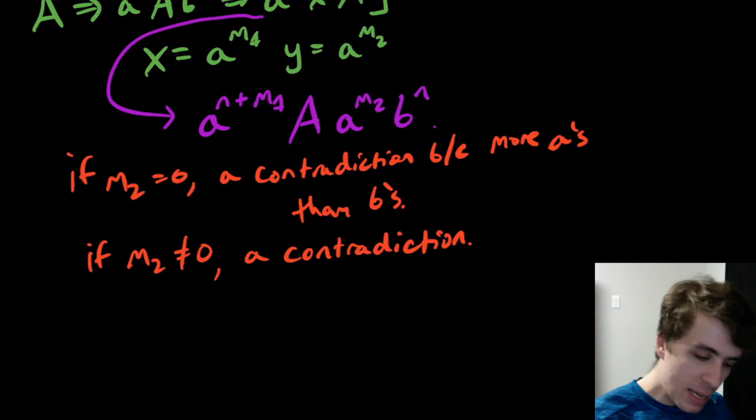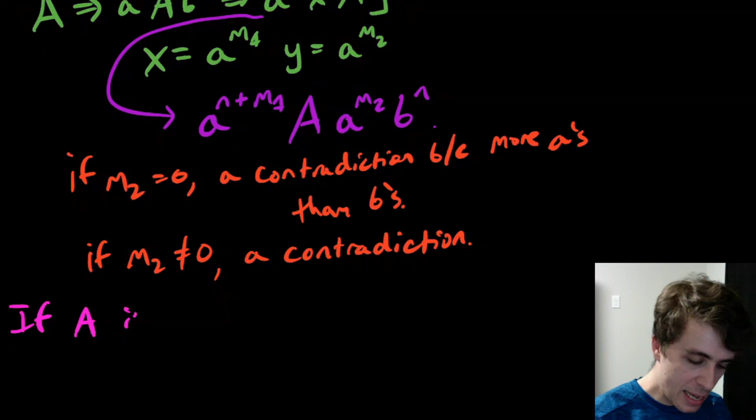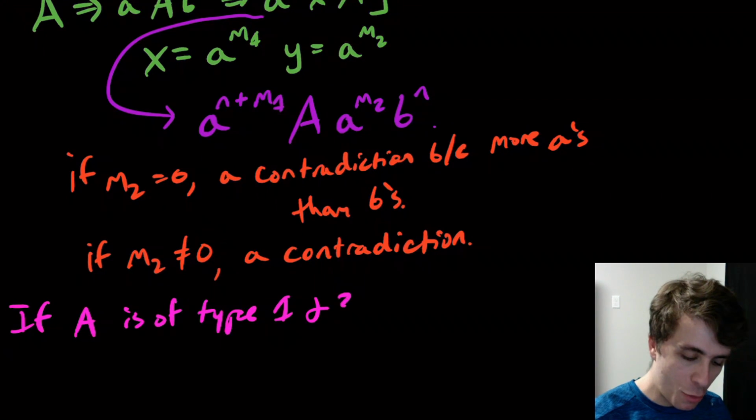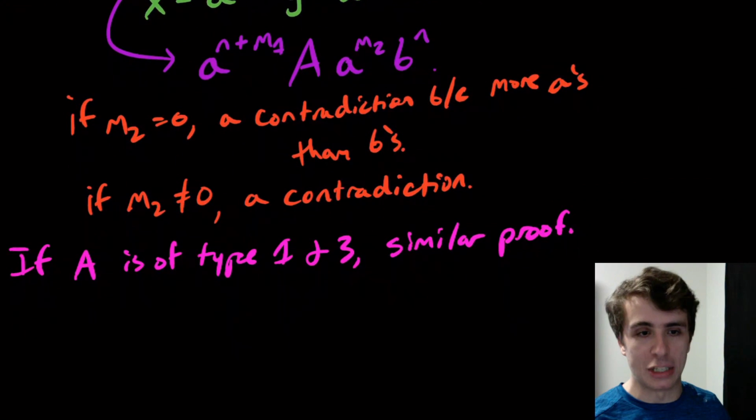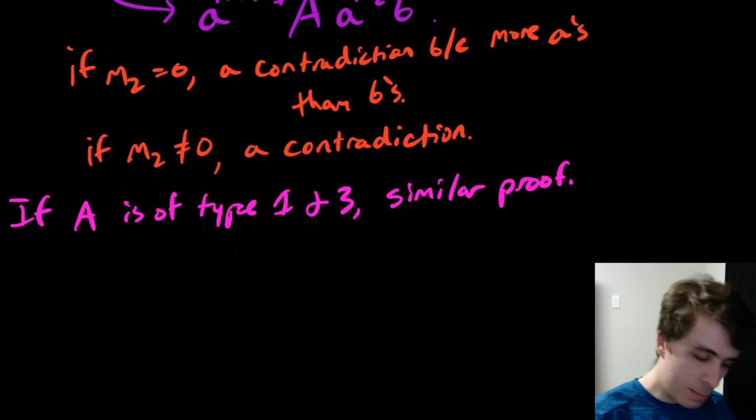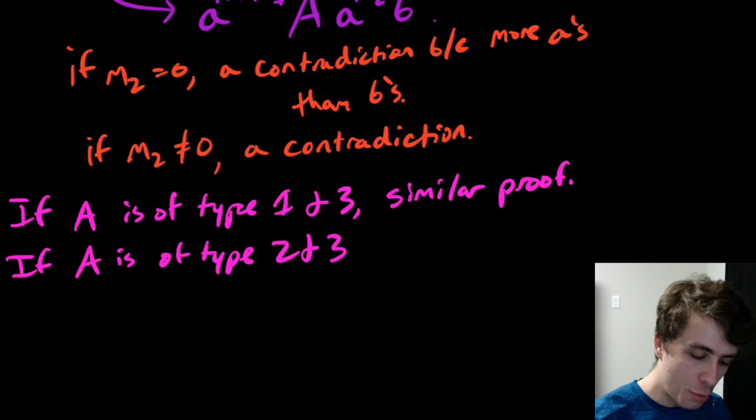If a is of type 1 and 3, a very similar proof shows that that's the case too. The other case is if a is of type 2 and 3.